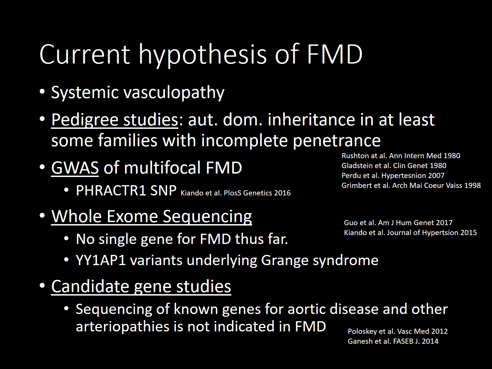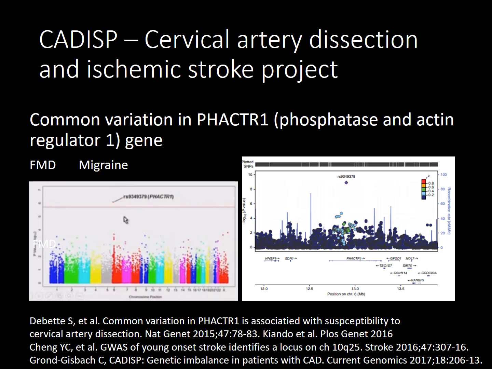In candidate gene studies, the sequencing of known genes for aortic disease and other arteriopathies is not indicated because it didn't show any association.